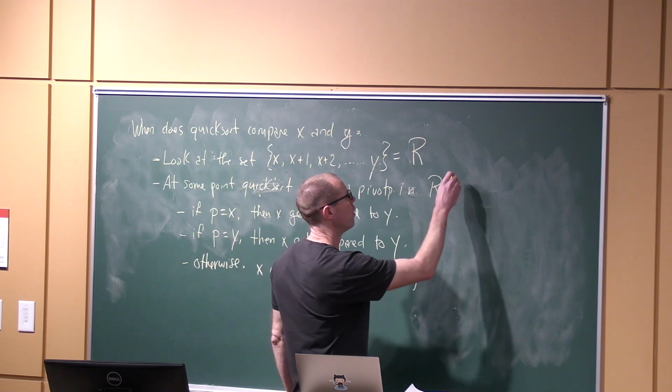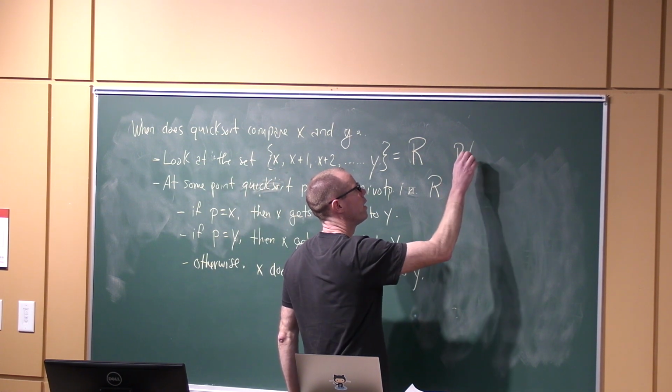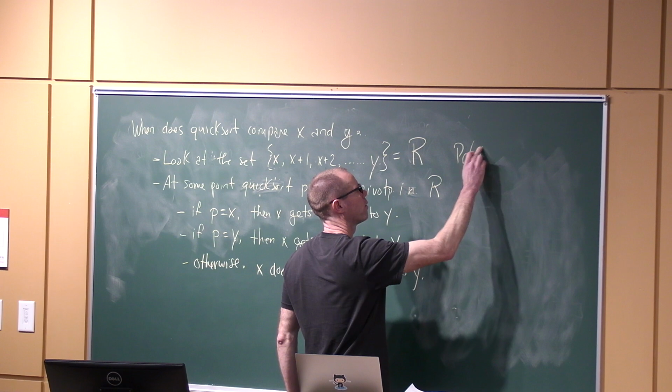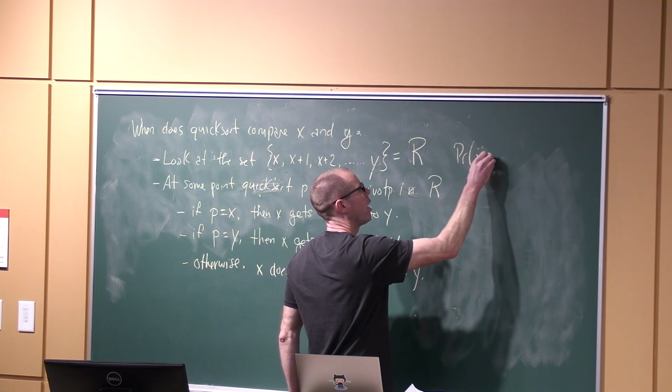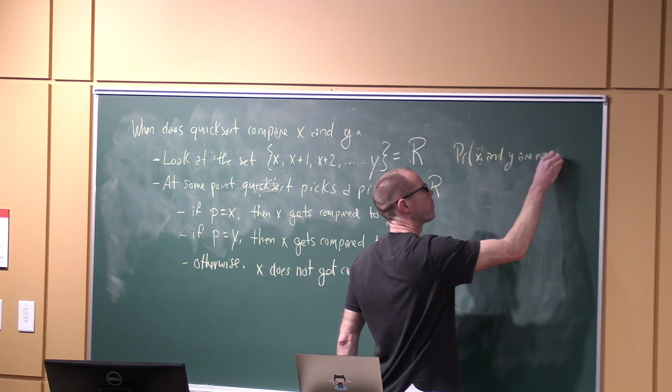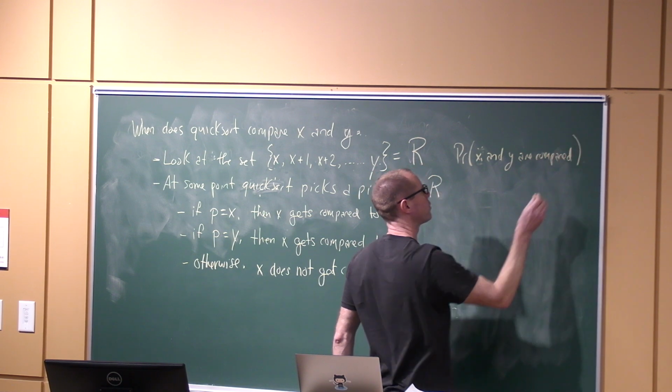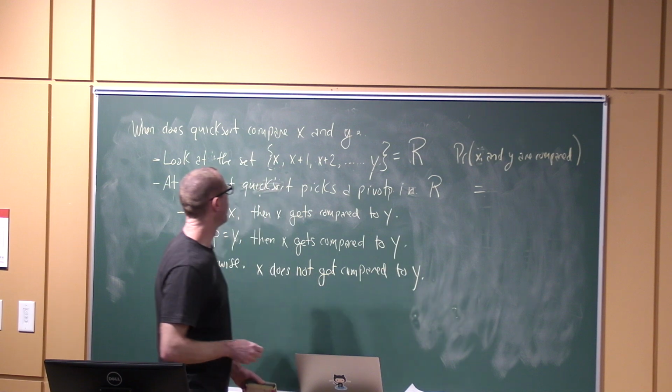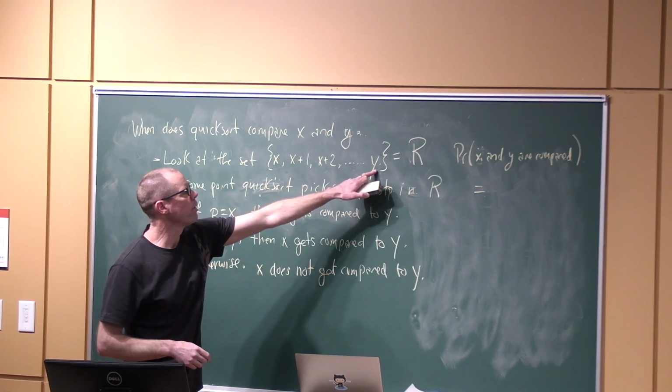Okay. So, the probability that x, little x, and y are compared, well, there's 2 outcomes where they're compared.